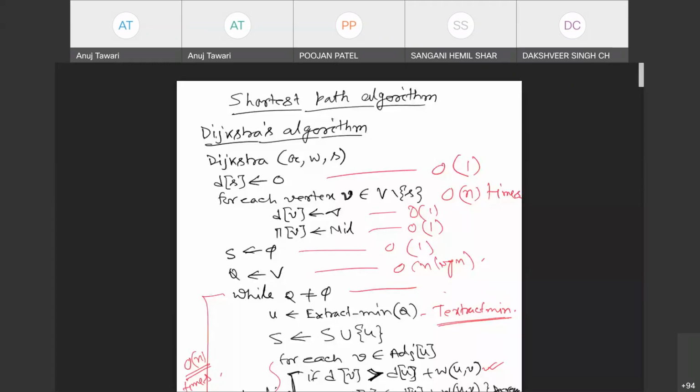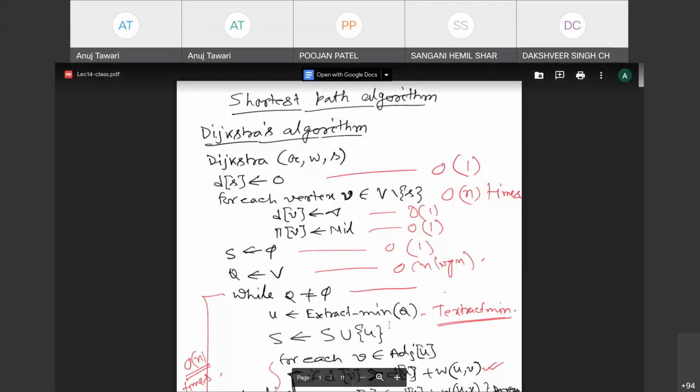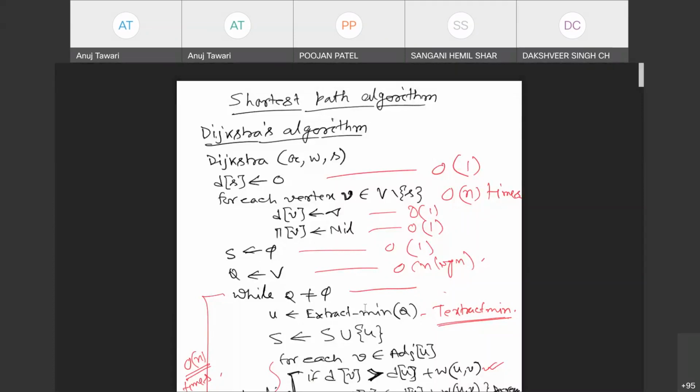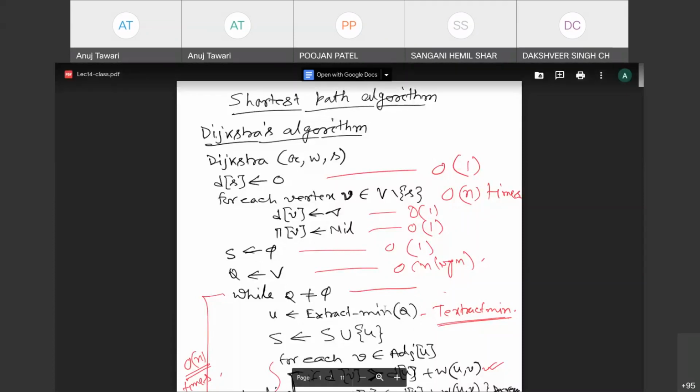Initially we set this queue to contain all possible vertices, and then we extracted the minimum D value out of these vertices. So that is the extract min operation.